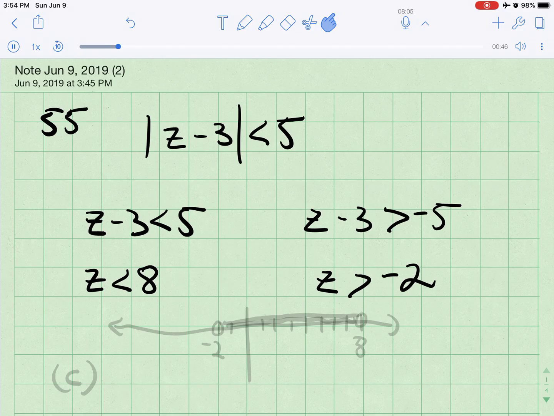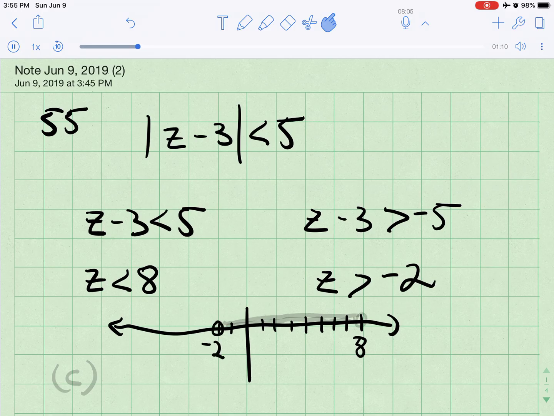Right? Now we could do the graph. Here's our graph. Z must be less than 8. 1, 2, 3, 4, 5, 6, 7, 8. Here's 8. It's everything below 8, but z must be greater than negative 2. So 1, 2. This is negative 2 down here.